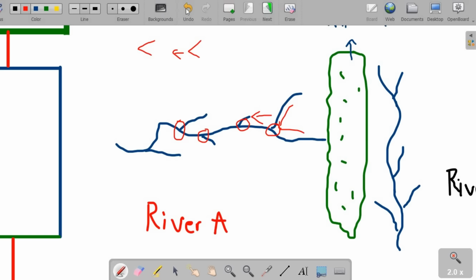The confluences tell you the direction of the flow of the river. These are meeting over here, and they make that V shape, the pointy part pointing towards the west. That's a pretty easy way to detect, especially if you have this dendritic pattern.